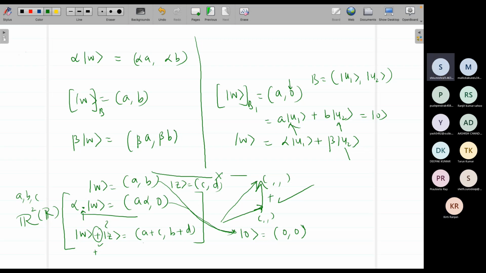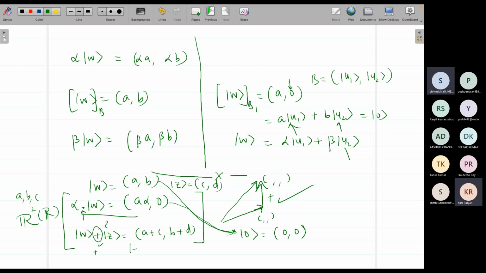Actually, the inverse one is failing, because if we take minus W, which is equal to minus A, minus B, going from this definition, with A equal to 0, by my addition it is minus A, 0. So this cannot be the inverse, because if I add minus A, 0 to A, B, it is not giving me 0.